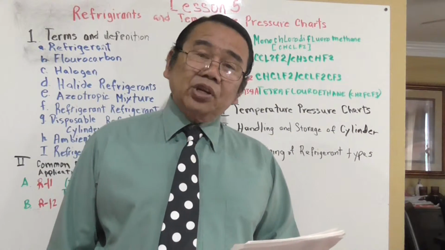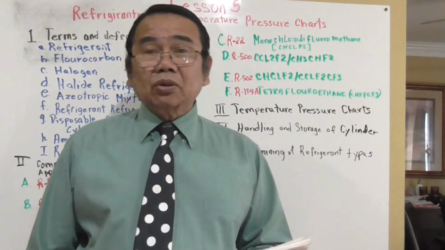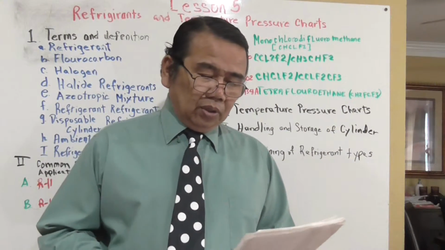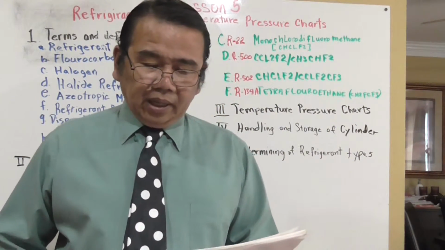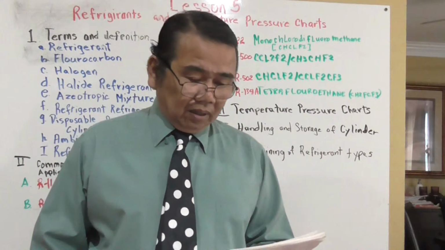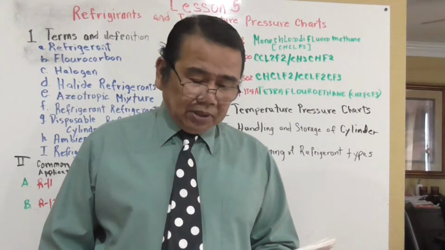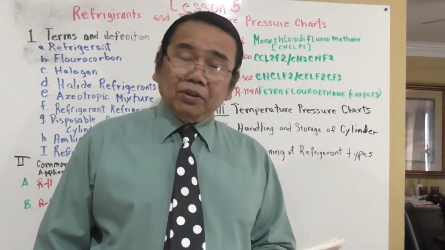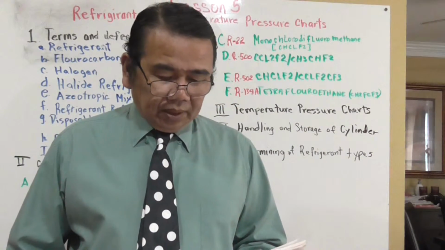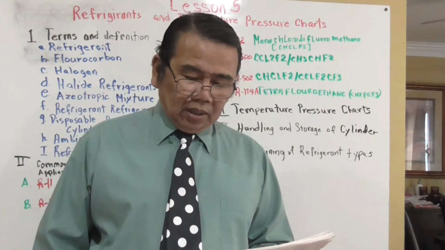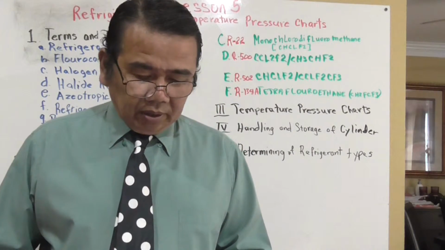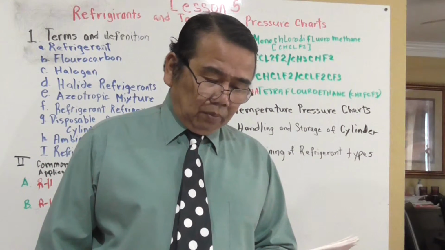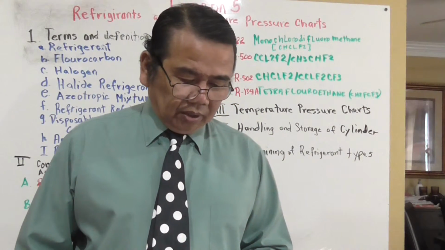Service cylinders are charged from storage cylinders. They may also be used when recovering and recycling refrigerant. A service cylinder should be weighed before and after filling. This allows you to determine the amount of refrigerant in the cylinder and keeps you from overcharging the cylinder.